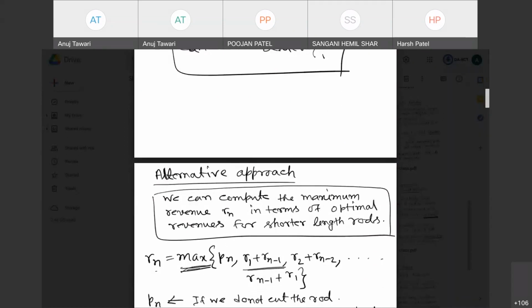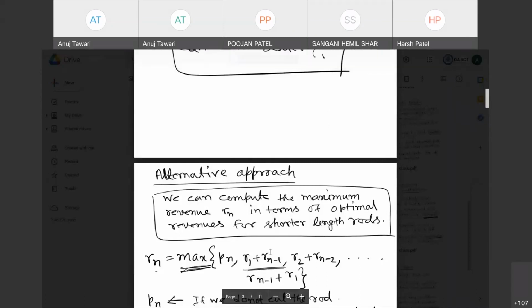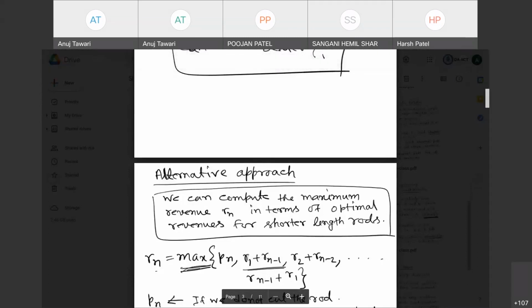Let's say we just divide the rod into two pieces, and then we recursively compute the solution for each of these pieces. So first case is either we don't cut the rod at all, or we divide into 1 and n minus 1, 2 and n minus 2, n minus 1 and 1. And then both of these pieces we will further cut so as to get the maximum revenue.